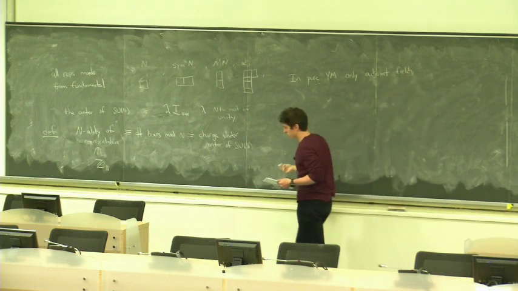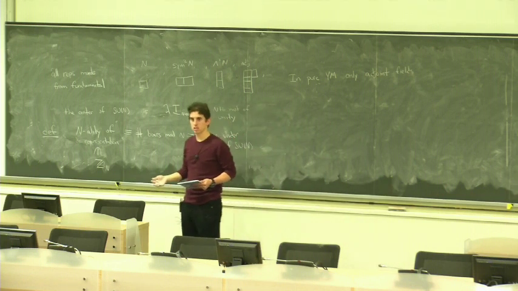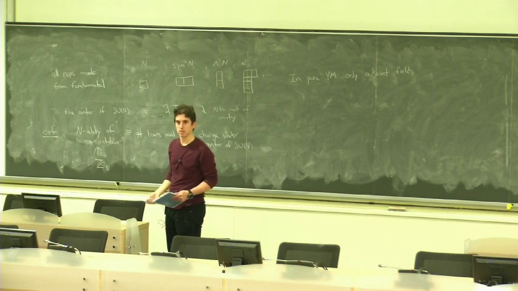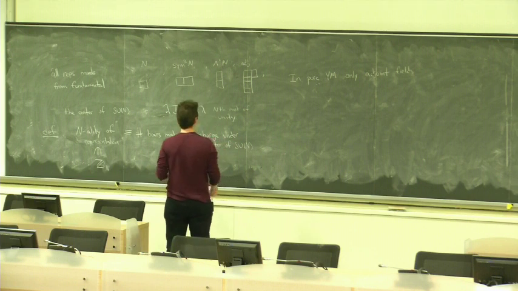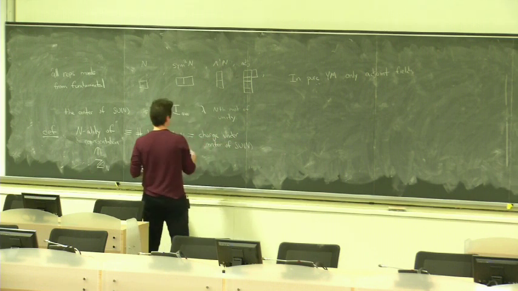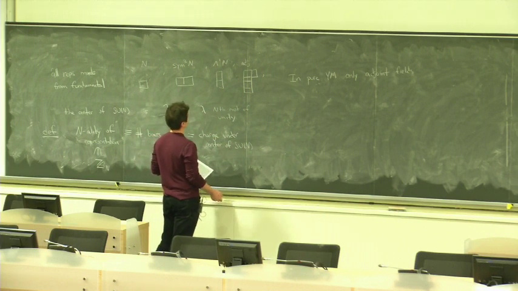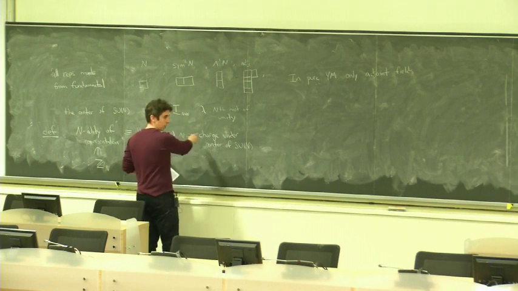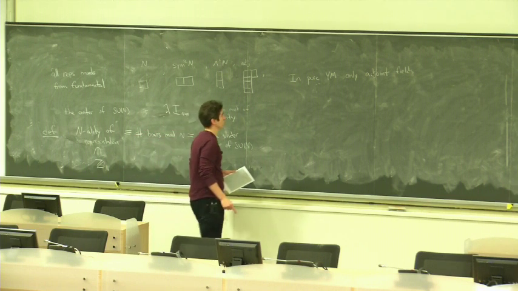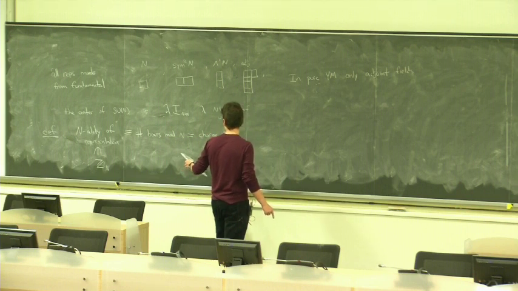Right? So the only fields in the problem are gluons, and the gluons carry adjoint indices of the gauge group. So what is the n-ality of the adjoint? Well, the adjoint representation has exactly n boxes, and so the n-ality of the adjoint representation is 0.